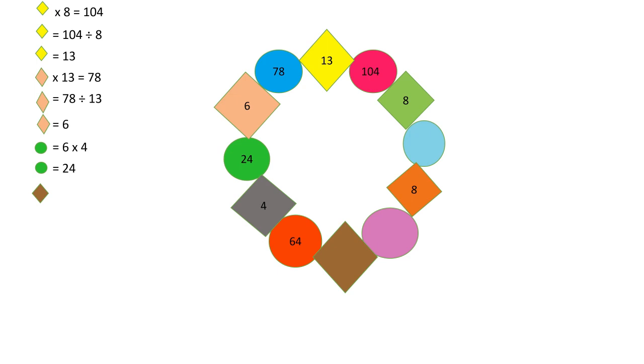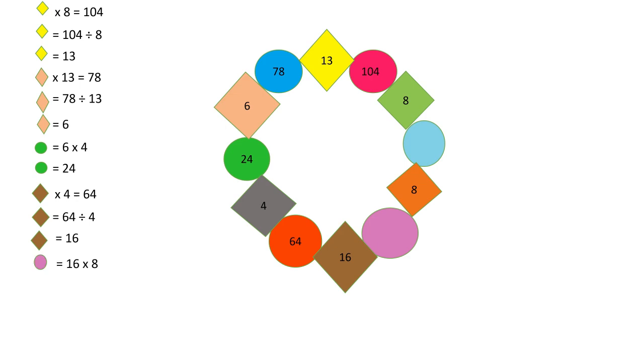Coming to the brown square box, when this brown square box is multiplied by the gray box, that is 4, the result should be 64. So now, taking 4 to the right hand side, the multiply sign changes to division, and 64 is divided by 4 and the result is 16. So the number in the brown box is 16.